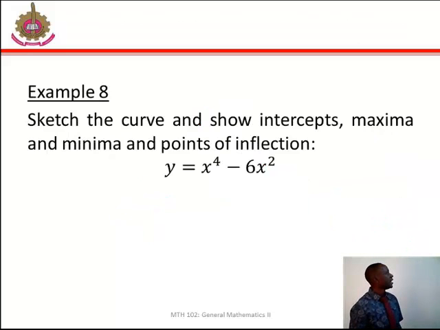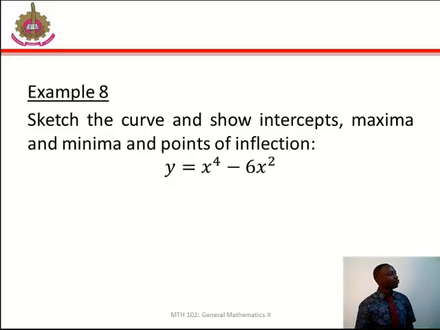Now, example 8, it says we should sketch the curve and show intercepts, maximum and minimum points, and points of inflection of the expression given, that is y equals x raised to the power 4 minus 6x squared. From this expression, we are going to determine our points of intercept, our maximum and minimum points, and points of inflection.